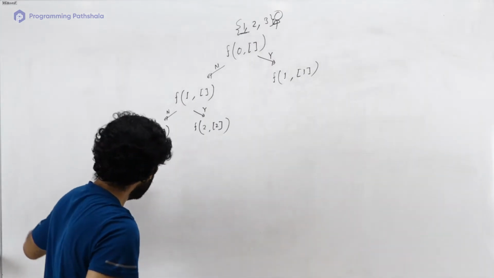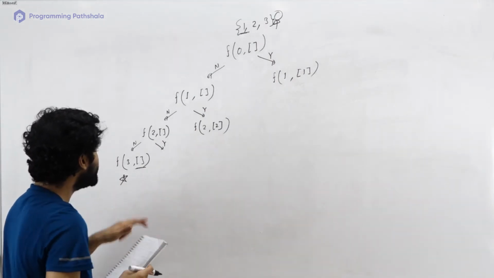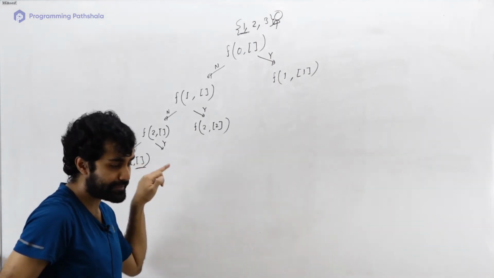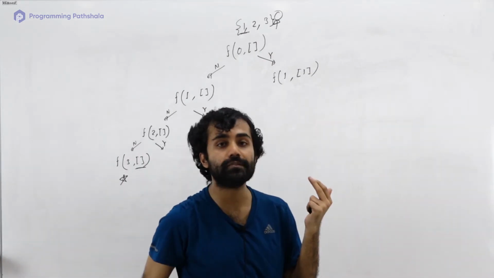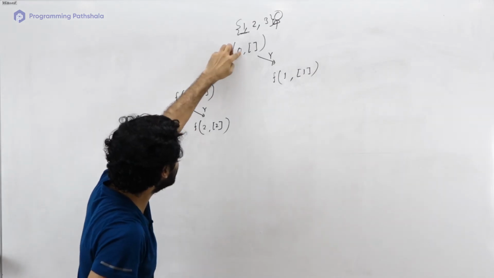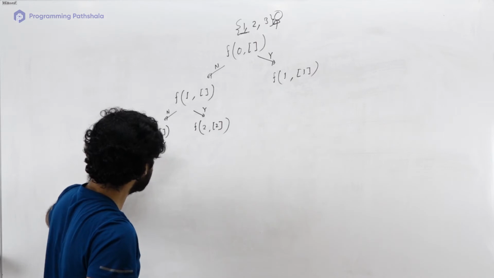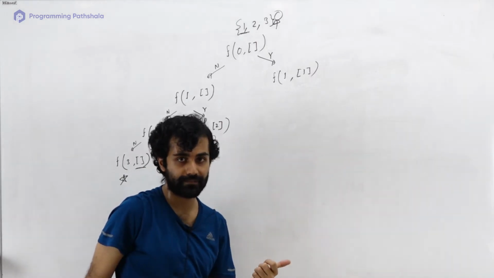So basically corresponding to this termination condition, you will be printing this thing, which is nothing but an empty subset. And this empty subset is a consequence of the choices that you made. Okay, because you said no for index 0, you said no for index 1, you said no for index 2. That is the reason you do not have anything with you, right?